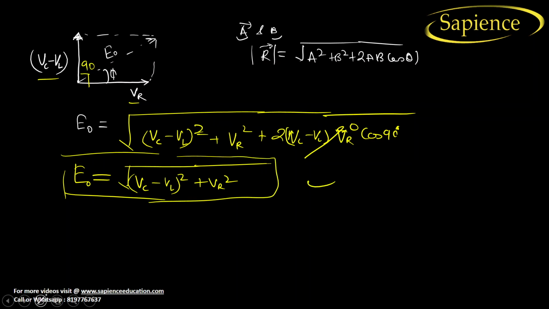Now we can also find it in terms of resistance. E naught is equal to I naught into R, but here we write I naught into the resistance of the whole circuit.